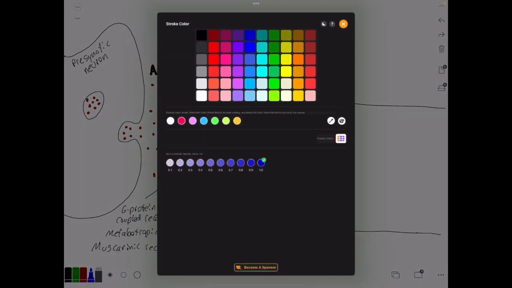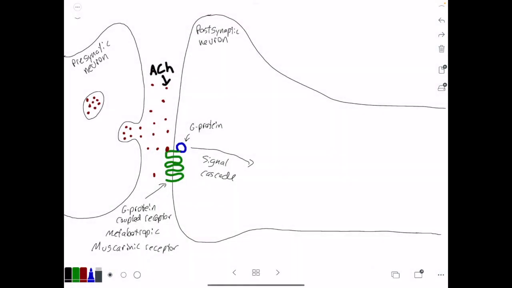So this G protein will actually dissociate, and it's made up of multiple protein units. I'm not going to get into the details of all the steps in the signal cascade. For one, I don't know them all, and we're going to be going over a variety of different steps.